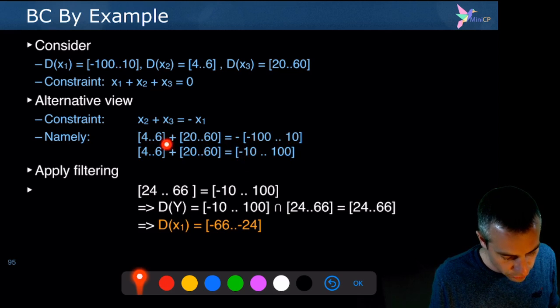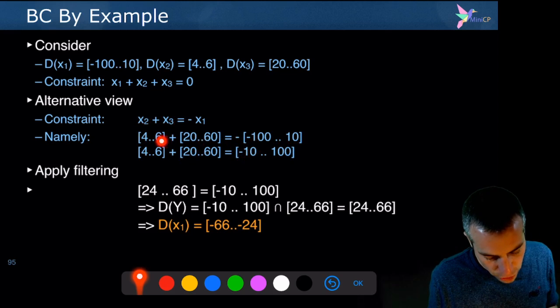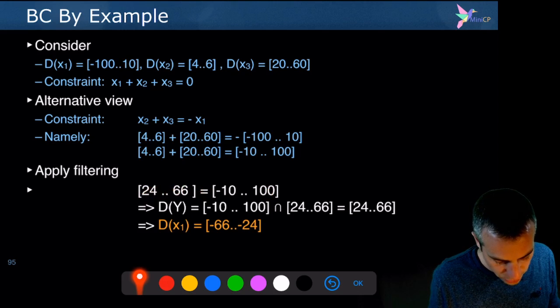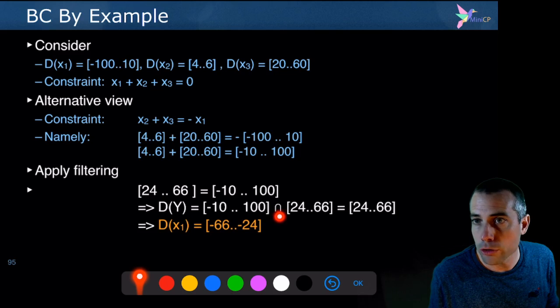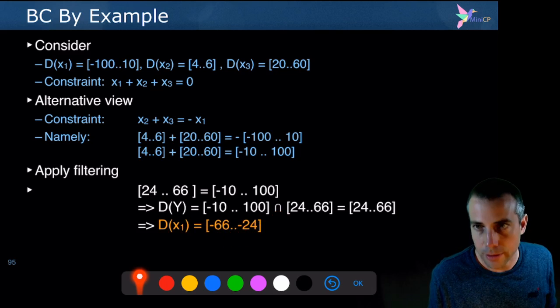And you have the addition of x2 plus x3 here on the left. If you do the addition of the two ranges, you have this and you have this. And you have an equal sign there, so you want them to be equal. So you take the maximum of the two minimums and the minimum of the two maximums, which consists in the intersection of the domains. And so you can update the domain of x1 to this, and you didn't create any holes here.